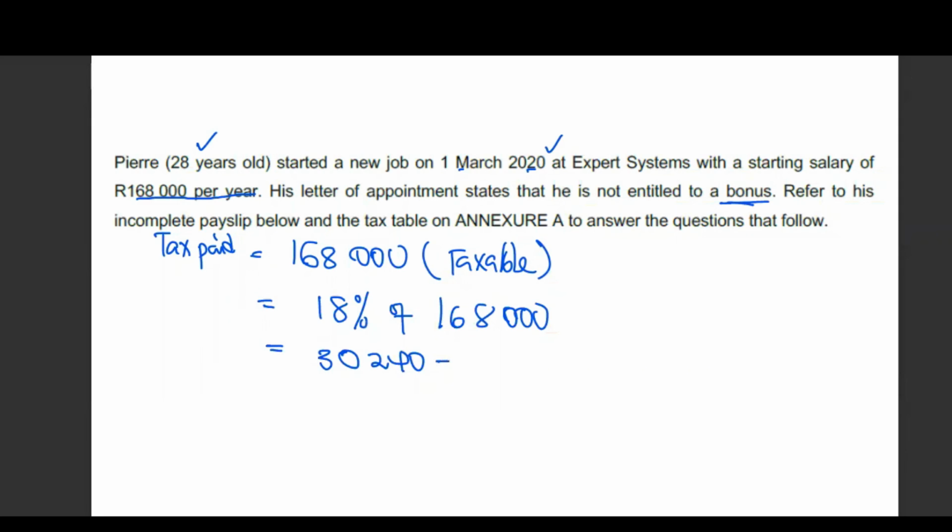We do not subtract any medical tax credits because they never mentioned anything to do with medical aid. We shall subtract the rebate, which we saw already, which was 14,958.